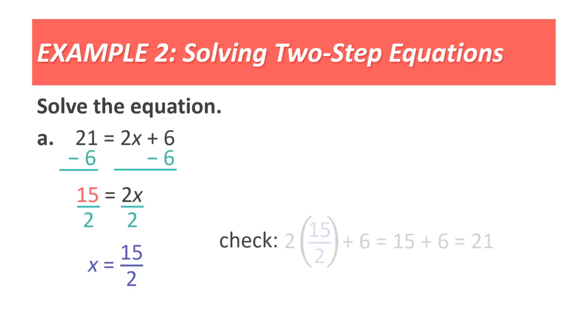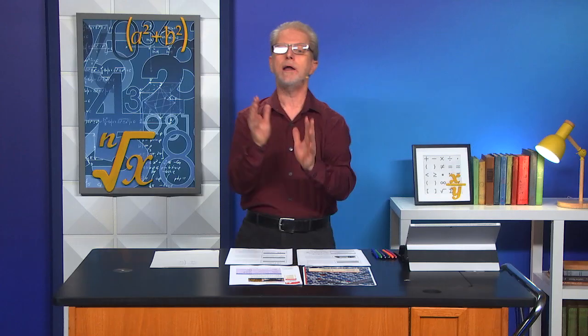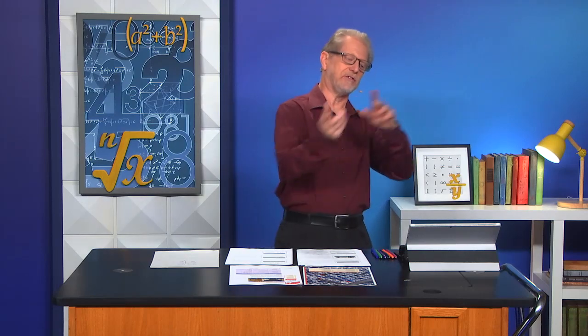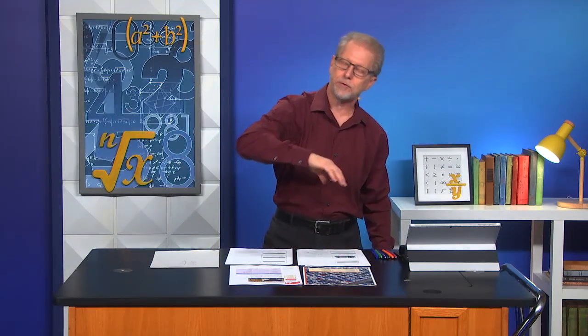There's the answer, and then you put that in for a check. 15 plus 6 equals 21? Yes. So undo is solving equations, and undoing uses MDAS in the opposite order. So what is AS? MD. Add, subtract, multiply, divide.